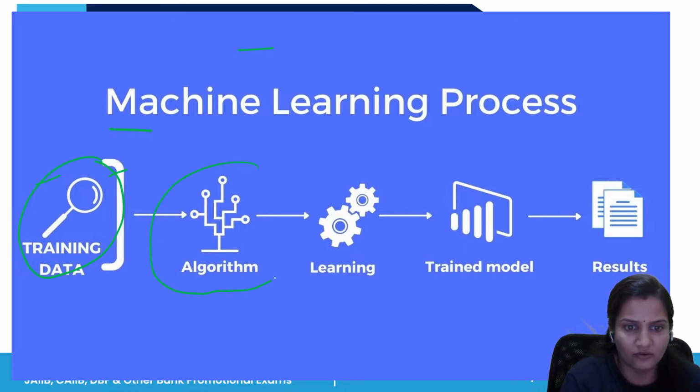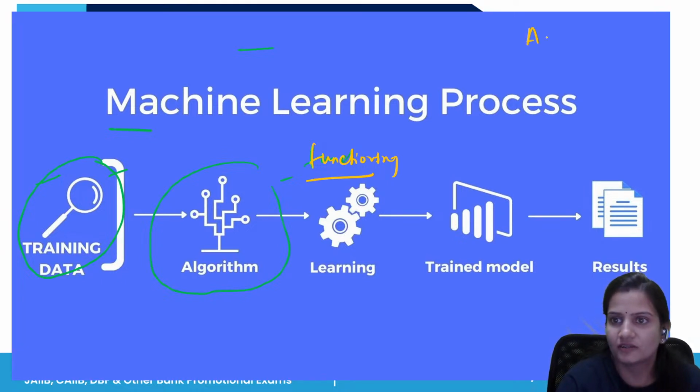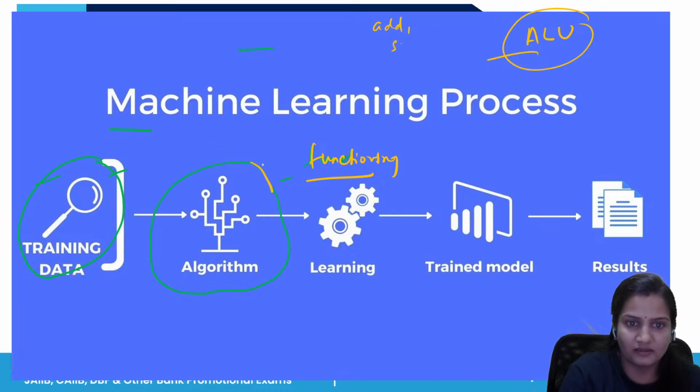After that, proper algorithmic functioning will happen, the same functioning we perform in the arithmetic logic unit. Remember in the ALU, what functions do we perform? All the addition, all the mathematical functions, the subtraction, the multiplication. In the same way in AI, it will perform all the algorithmic functions, log, and all that.